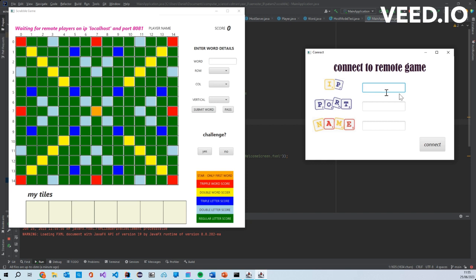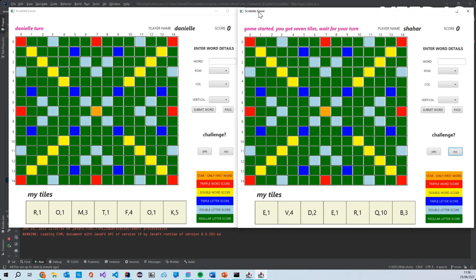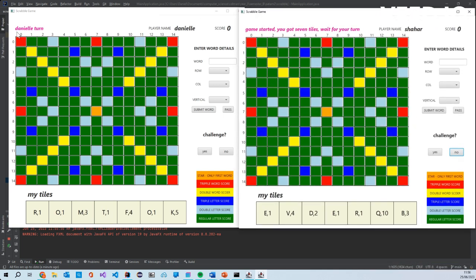The guest enters the provided IP, port, and its name and connects to the game. Both players got 7 tiles and the game begins.